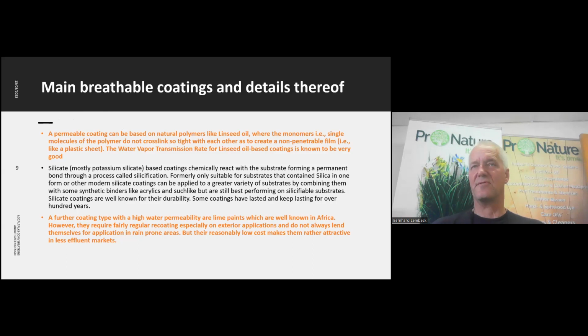And Philip, I was rather disappointed that you mentioned linseed oil as not being a good polymer to use, but we like to think otherwise, because we know that in the correct formulation, the correct presentation, that linseed oil indeed, like I said, if formulated correctly, allows very much for a breathable coating.